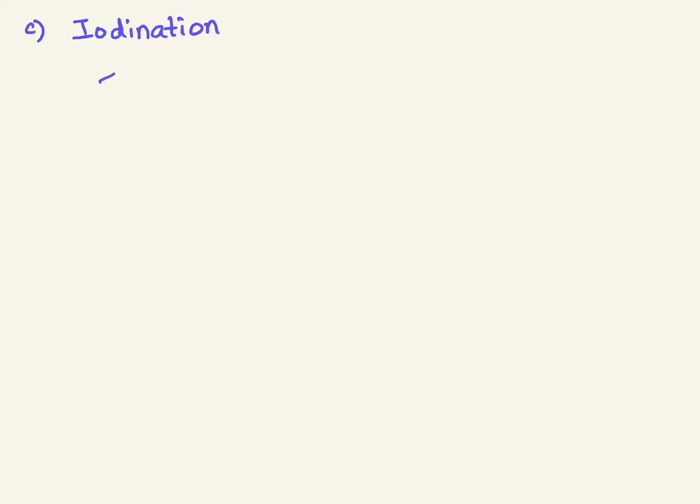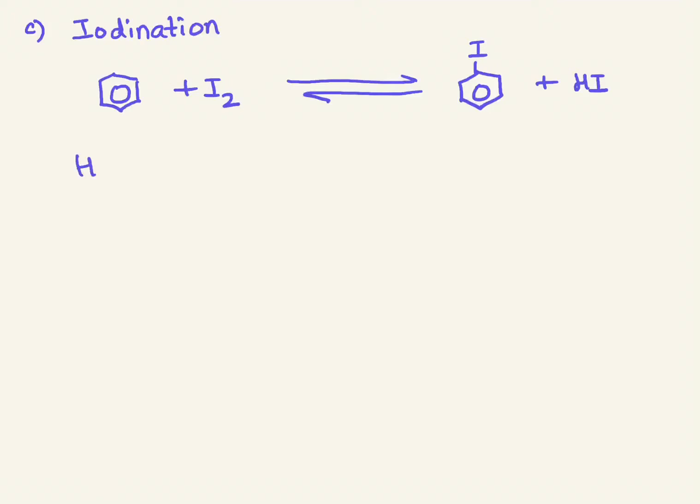So here also iodination is a reversible reaction, and again we are going to use oxidizing agents in order to get rid of HI, and those oxidizing agents can be, yes, HIO3, iodic acid, we can have mercuric oxide, we can have concentrated HNO3.